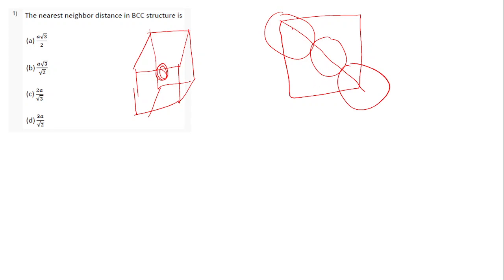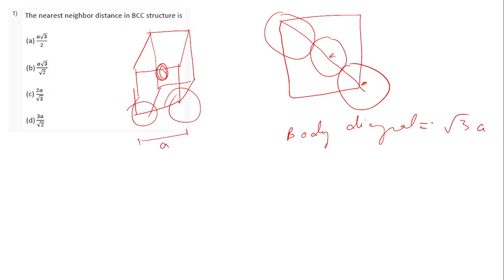That means along the body diagonal, they are the nearest, because on the edge, they have some gap. So the nearest neighbor will be this atom and this atom. They are nearest to each other. And what is the distance between them? So the body diagonal, as we said, has length root 3 times A, if the edge length is A.